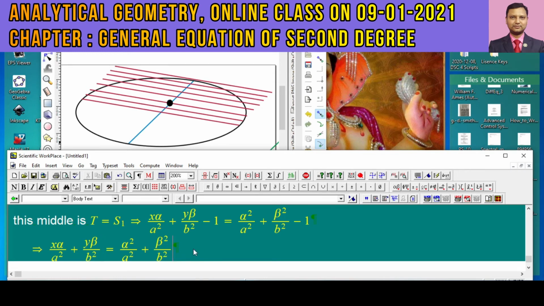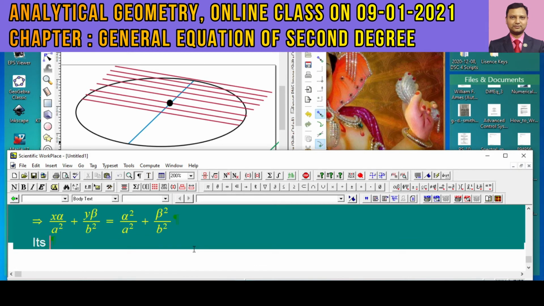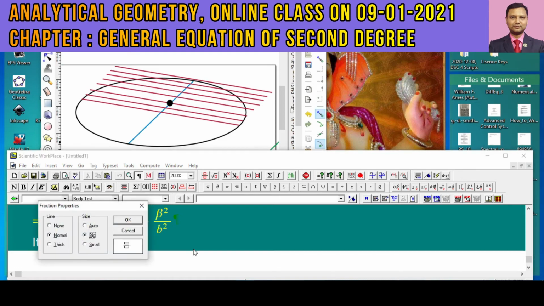Now its gradient. What would be the gradient of this straight line?